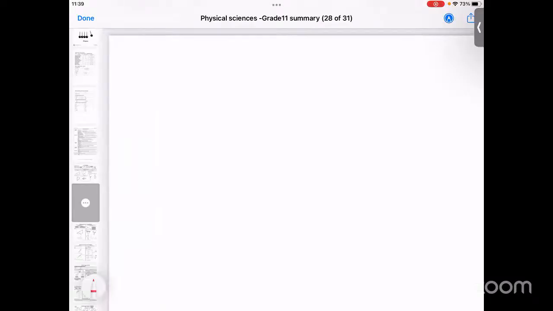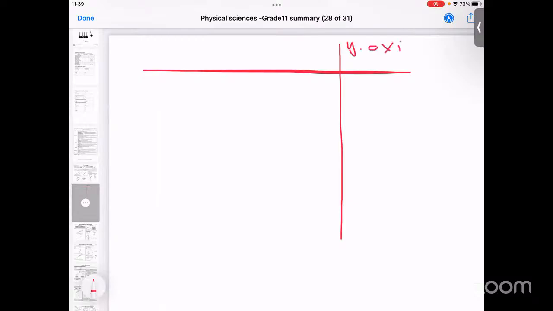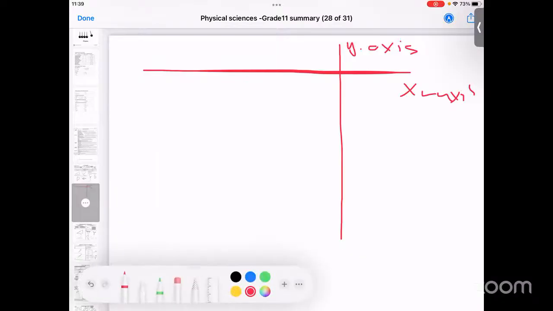So this is the situation, where we have a Cartesian plane with the y-axis, and this is the x-axis. So let's talk about a diagonal vector. Very much important when we talk about the diagonal vector.